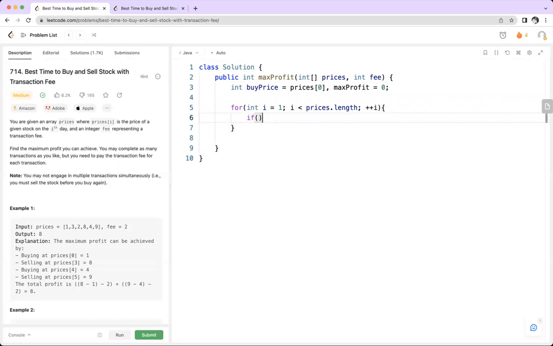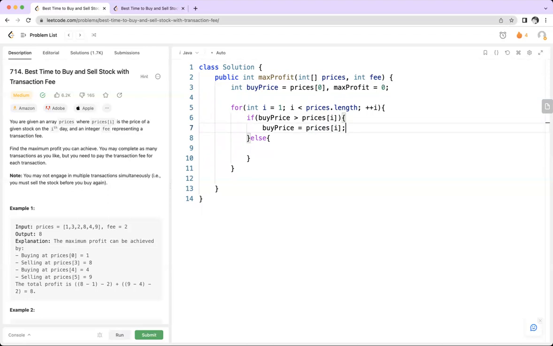And then we can check if buy price is greater than prices of i, then we will set buy price equal to prices of i.